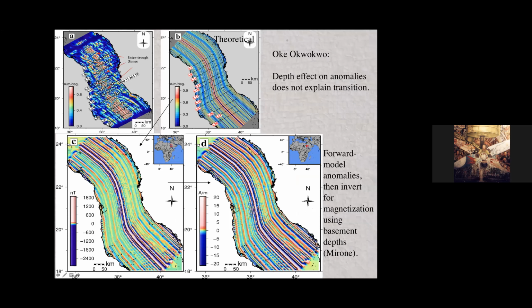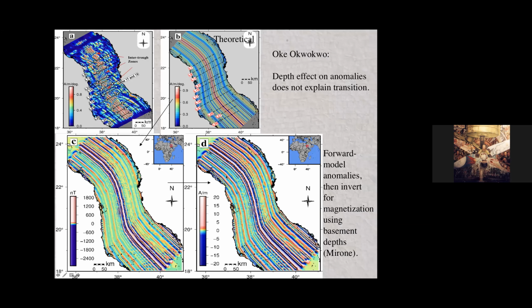And there is an issue of depth to basement. So you'd expect frequency to change going this way because the basement gets deeper. So we've investigated that by taking these theoretical anomalies, working out the magnetic anomalies that would be produced by those magnetizations, and then inverting again for the magnetizations.